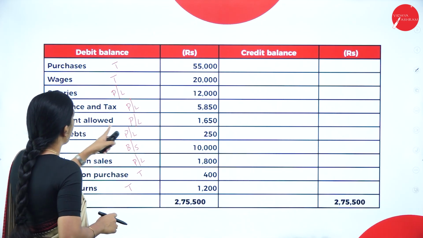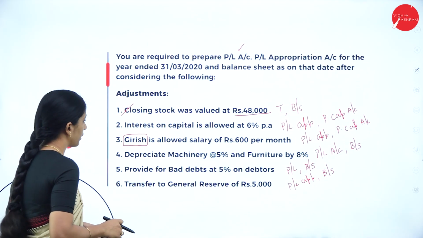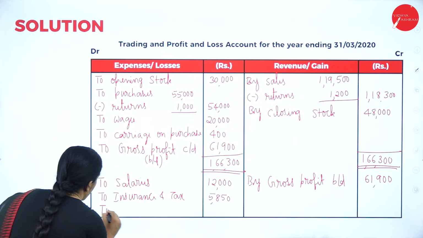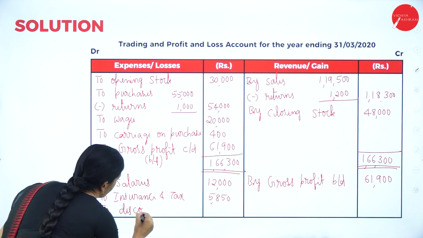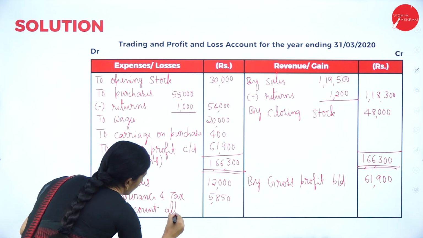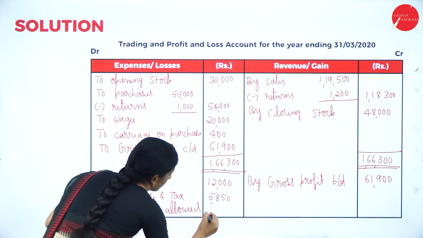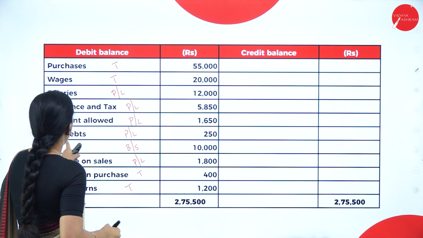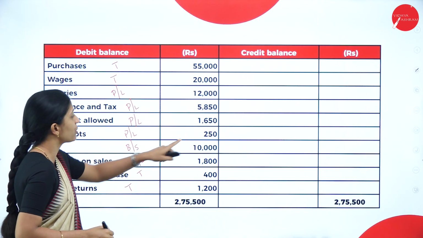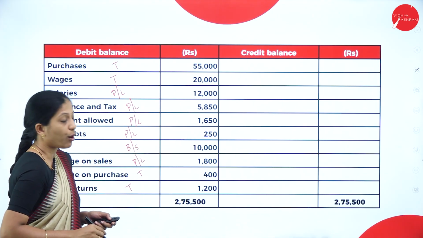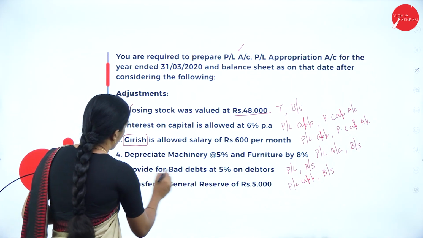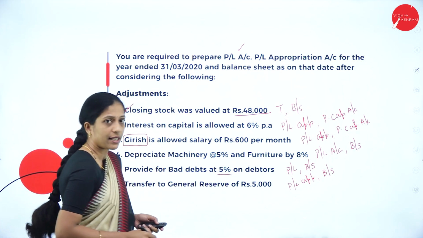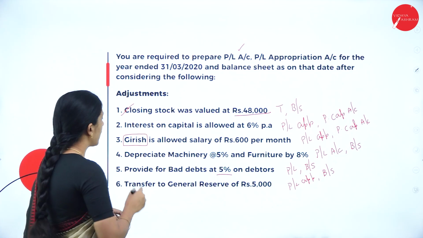Next, after that we have discount allowed 1,650. To discount allowed 1,650. And the next one after discount allowed is bad debts 250, but there is a provision. So they have told us to provide for bad debts at 5% on debtors. So you have to add it in your profit and loss account.